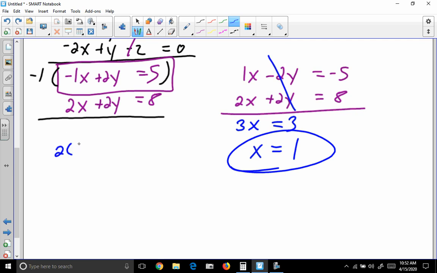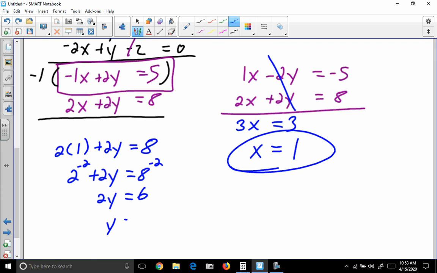We know x is going to be 1 at our intersection. So if we plug a 1 in, we get 2 plus 2y equals 8. Subtract 2 from both sides. So 2y is 6. And if we divide both sides by 2, we get that y is 3.